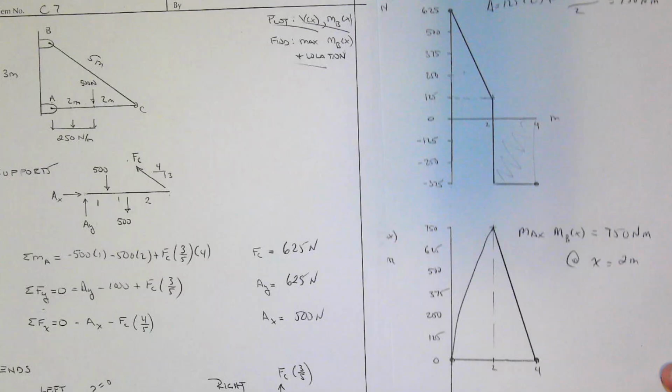And there we have it. Okay, now we're going to go through this force. That's 500 instantly. So 125 minus 500 is minus 375. And then once we pass here, we have nothing for 2 meters. And we hit our end condition. So there we go.